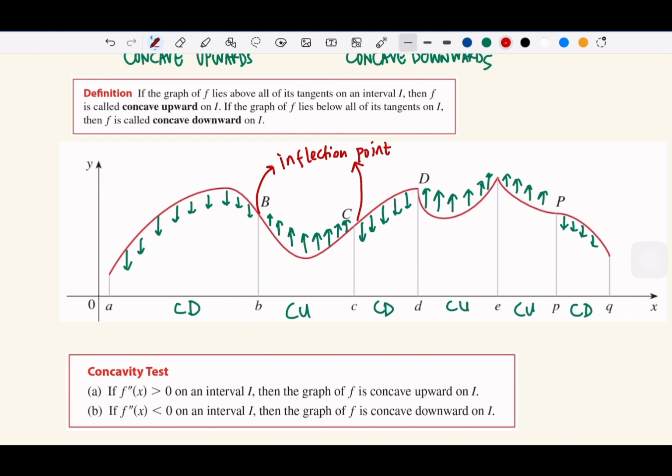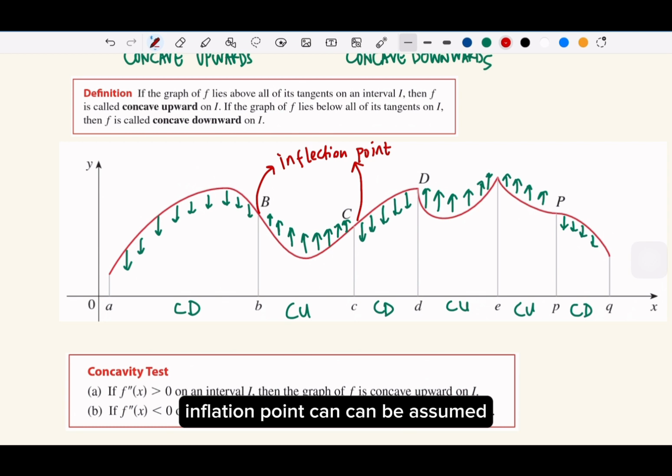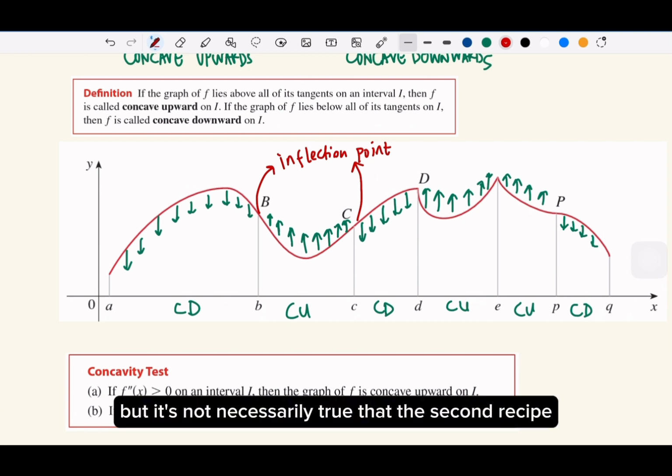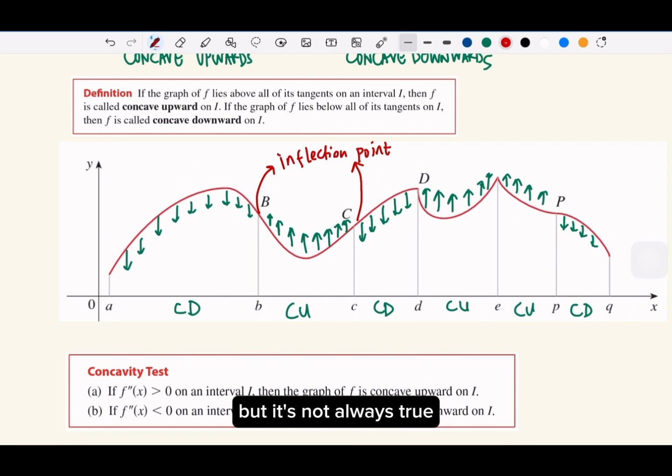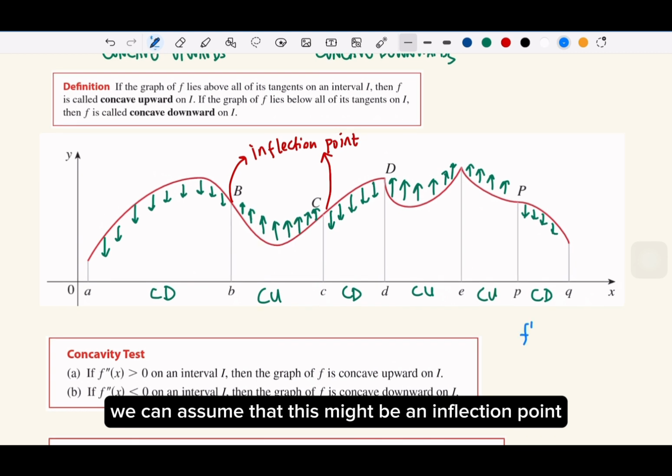Somehow, an inflection point can be assumed, but it's not necessarily true, that the second derivative might be equal to 0 at an inflection point, but it's not always true. Let me write. We can assume at first that this might be an inflection point.